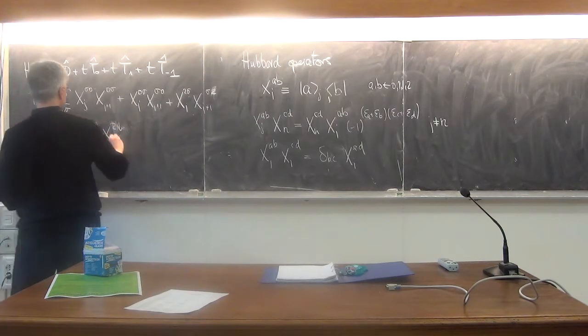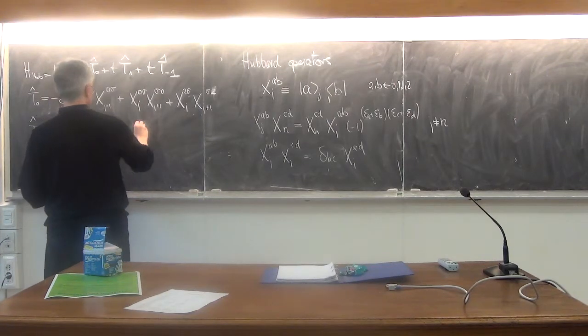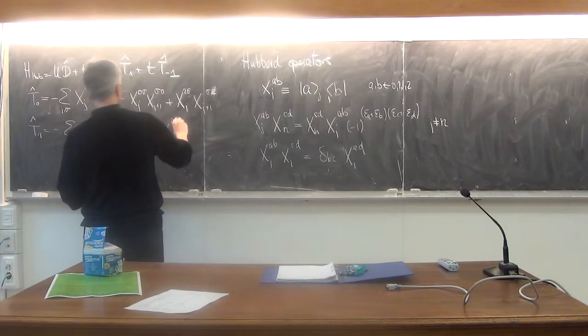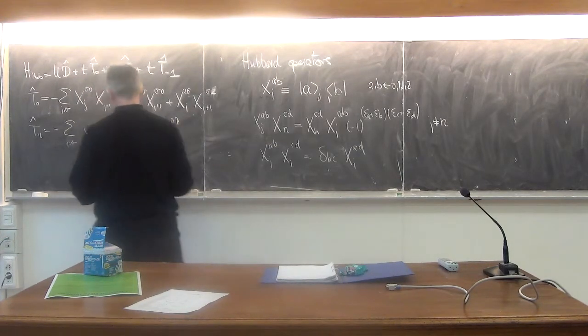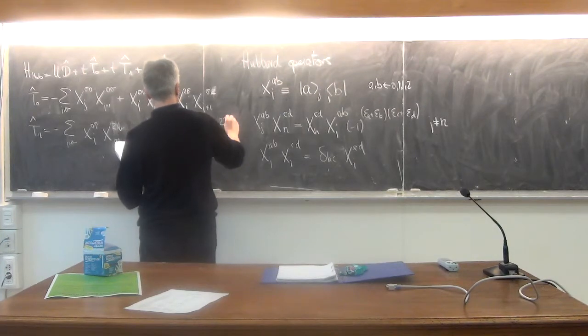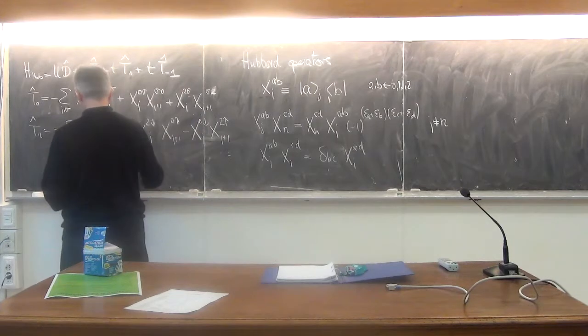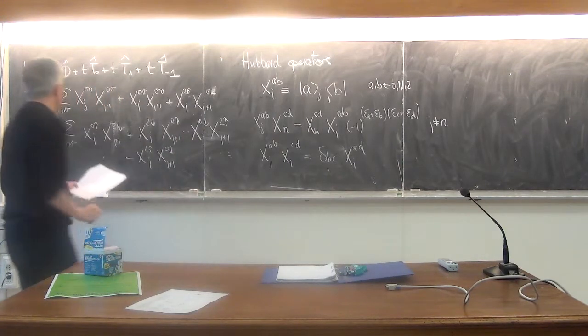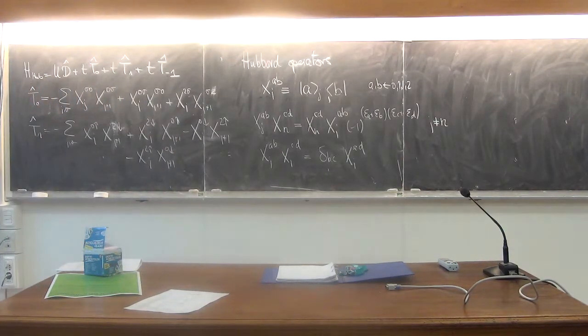J plus 1 plus x2 down, x0 up, minus x0 down, x2 up. And then I have one more, minus x2 up, x0 down, j plus 1. So that would be all the hopping terms which make an additional double occupancy.